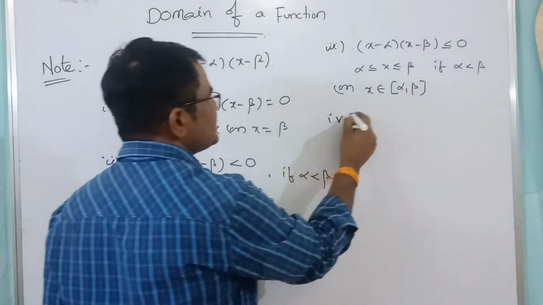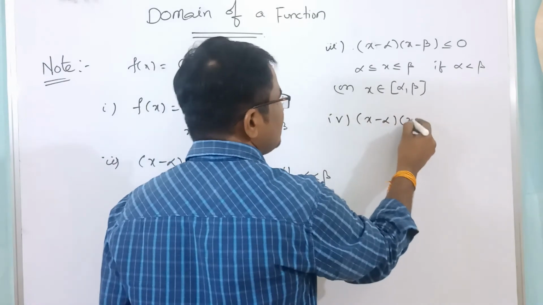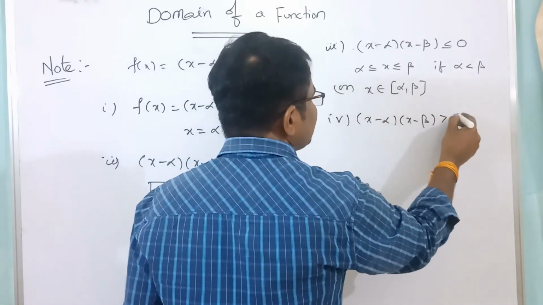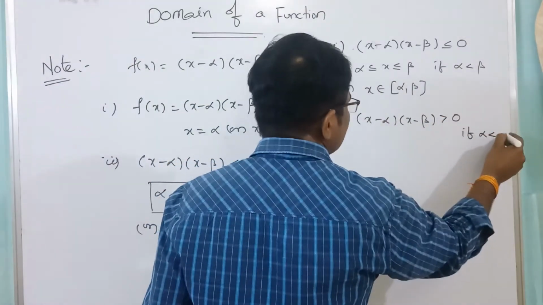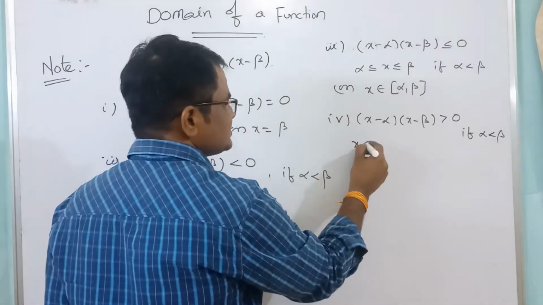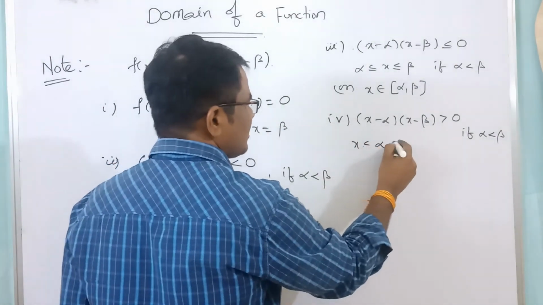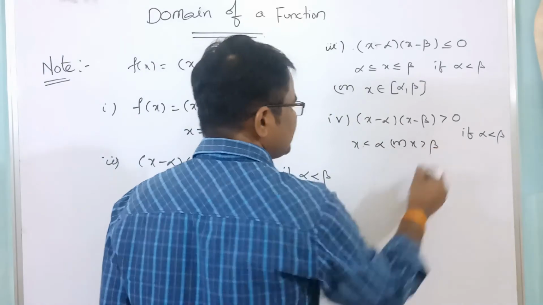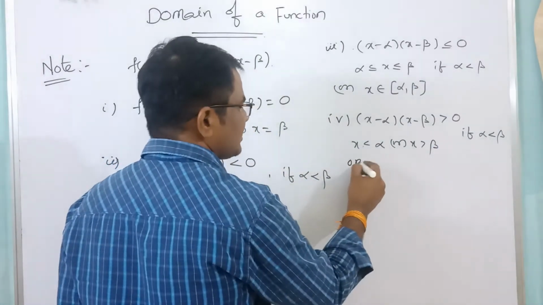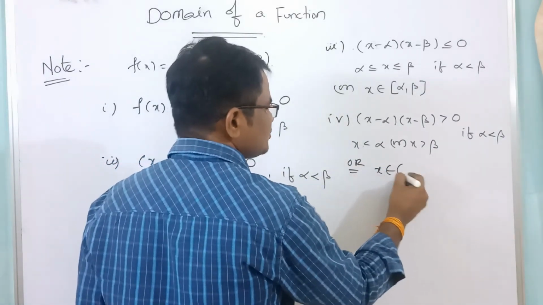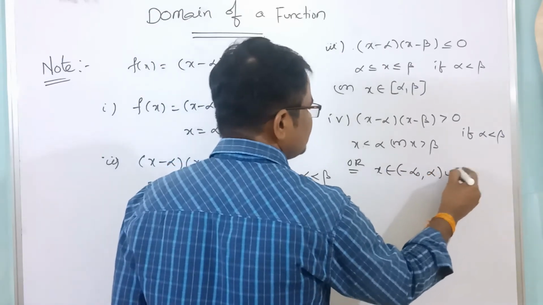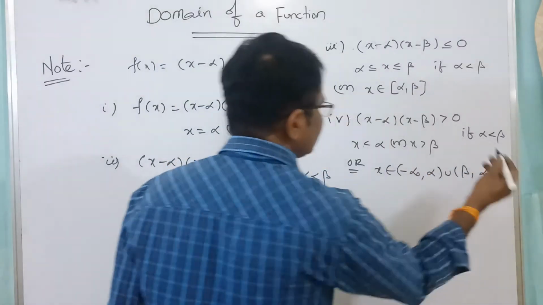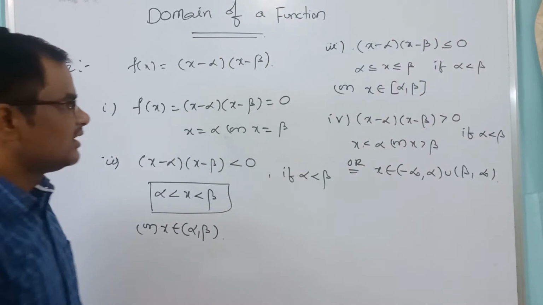And the fourth one: suppose x minus alpha, x minus beta greater than 0 is there, if alpha is less than beta. So x is less than alpha or x is greater than beta you have to take. Or you can write like this also, x belongs to minus infinity to alpha union beta to infinity. Like this we have to take.